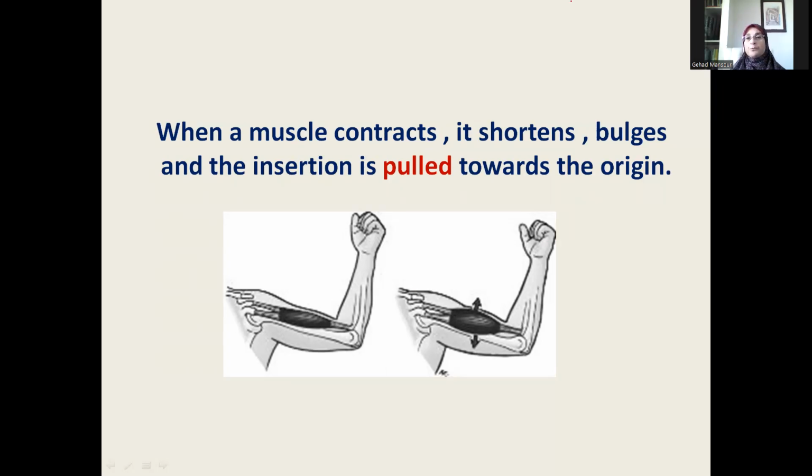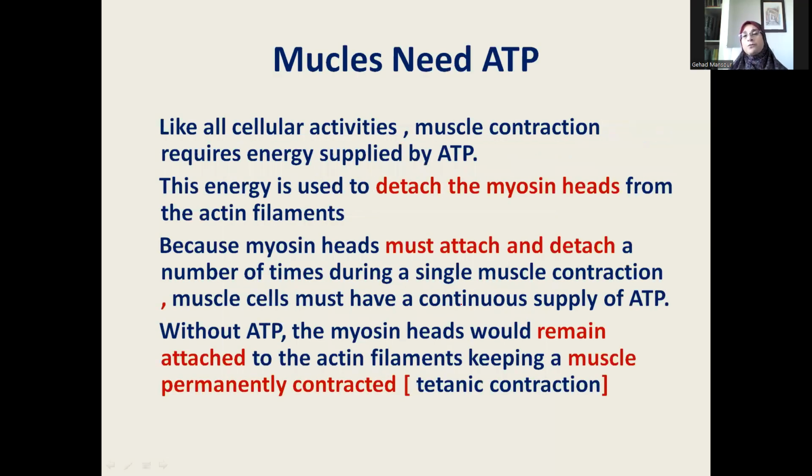And as we said before several times, it is the insertion that is pulled towards the origin, meaning that when the biceps muscle contracts, the radius, the movable bone, is pulled towards the humerus or the upper arm, because the insertion is the tendon that is connected to the movable bone, whereas the origin is connected to the fixed bone.